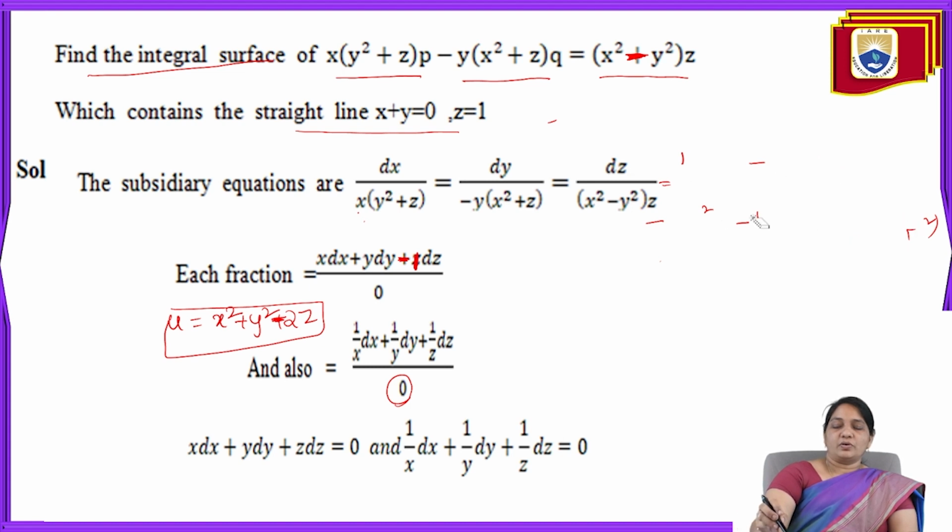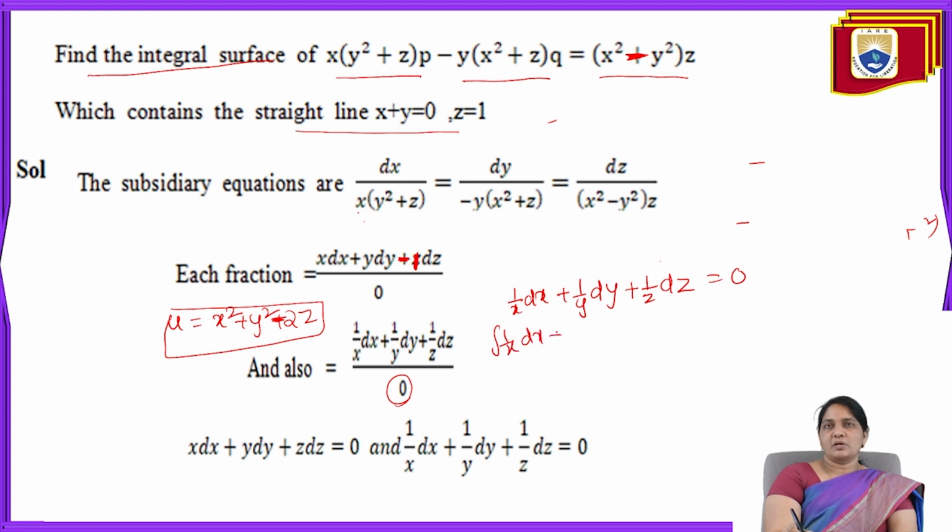So now I got the solution: 1 by x into dx plus 1 by y into dy plus 1 by z into dz equal to 0. So integral 1 by x dx plus integral 1 by y dy plus integral 1 by z dz equal to some constant.